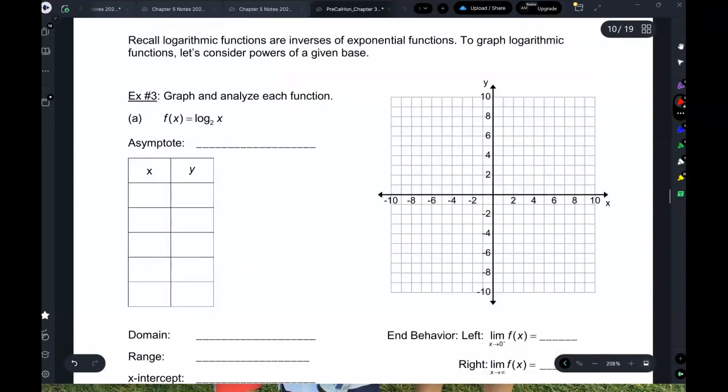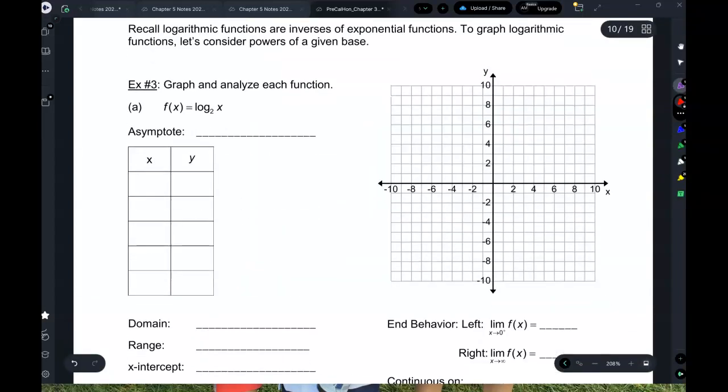All right, so let's go here for a minute. Recall, we're going to use the inverse powers. All right, so first of all, the asymptote. It's not y equals 0 anymore. Now it's x equals 0. Okay? Now, what is the base here? 2.